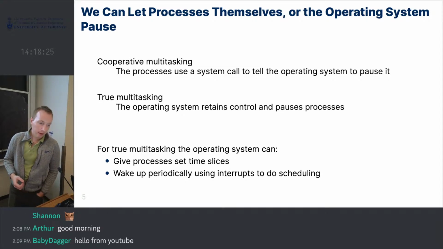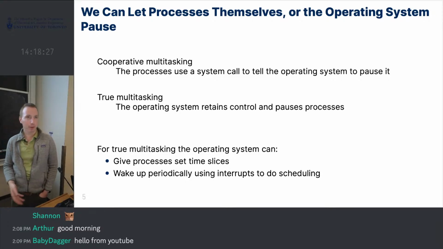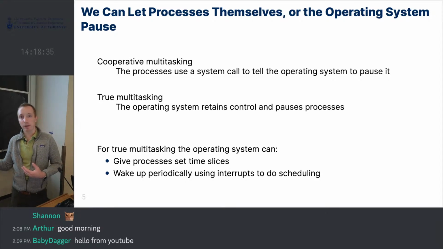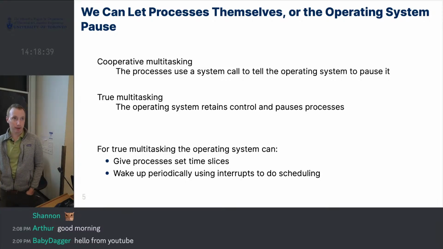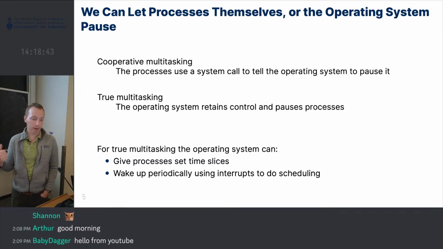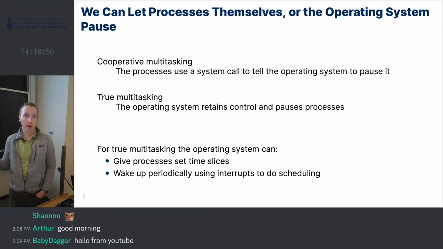So for true multitasking, which is what every modern kernel does, the operating system can essentially give a process a set time slice, and whenever it's done its time slice, you say, okay, you're done now, I'll see if something else needs to run, and that decision is made by the scheduler, which again, we'll see later. The other option is to use interrupts on the system.